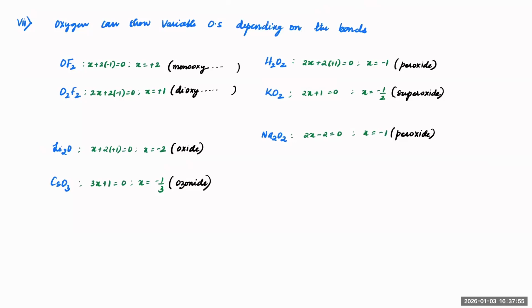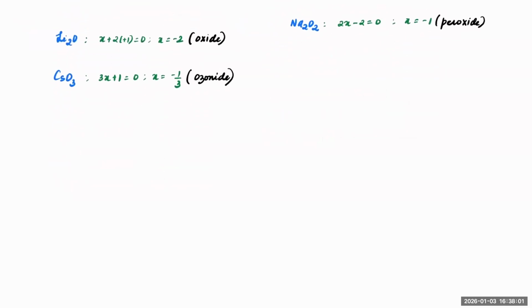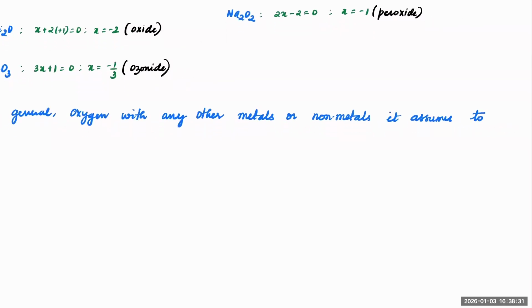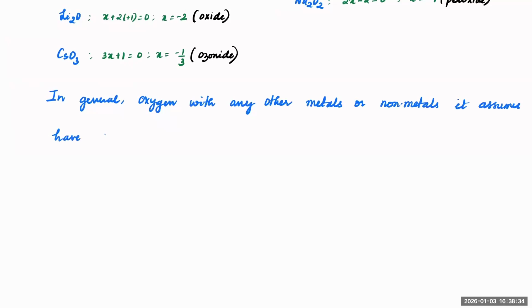So depending upon how much charge it possesses, with which element it is connected. Now, in general, oxygen with any other metals or non-metals assumes an oxidation state of minus 2.